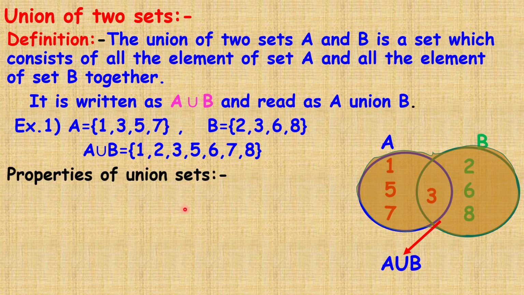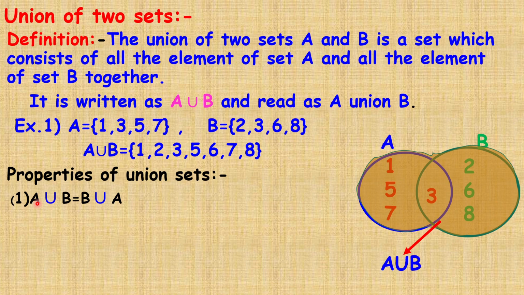Properties of union of sets. First property, A ∪ B is equal to B ∪ A. If we take set A as the elements 1, 3, 5, 7 and set B as the elements 2, 3, 6, 8, the union of these two sets has the elements 1, 2, 3, 5, 6, 7, 8.